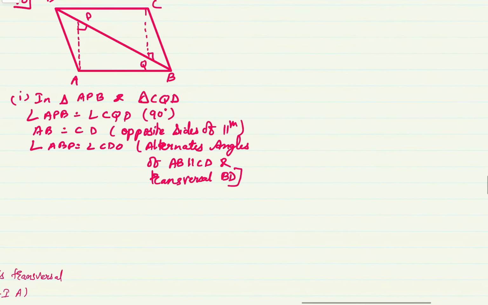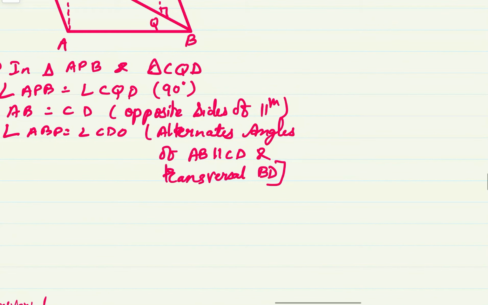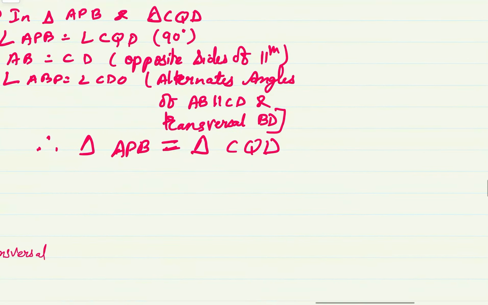So now we can say therefore triangle APB is equal to triangle CQD by AAS congruency.